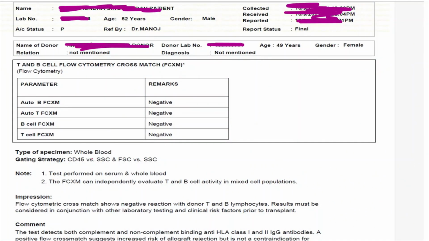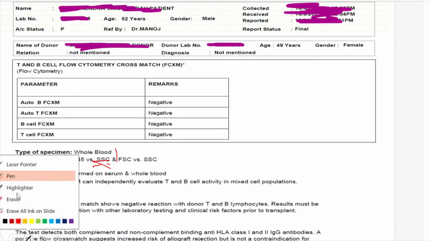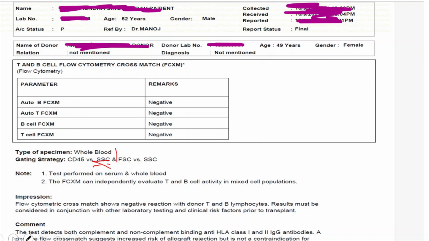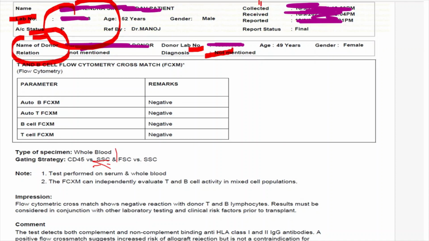This is how the report is given. See, the patient basic details will be given over here. The donor basic details, age, and sample collection time will be given over here.